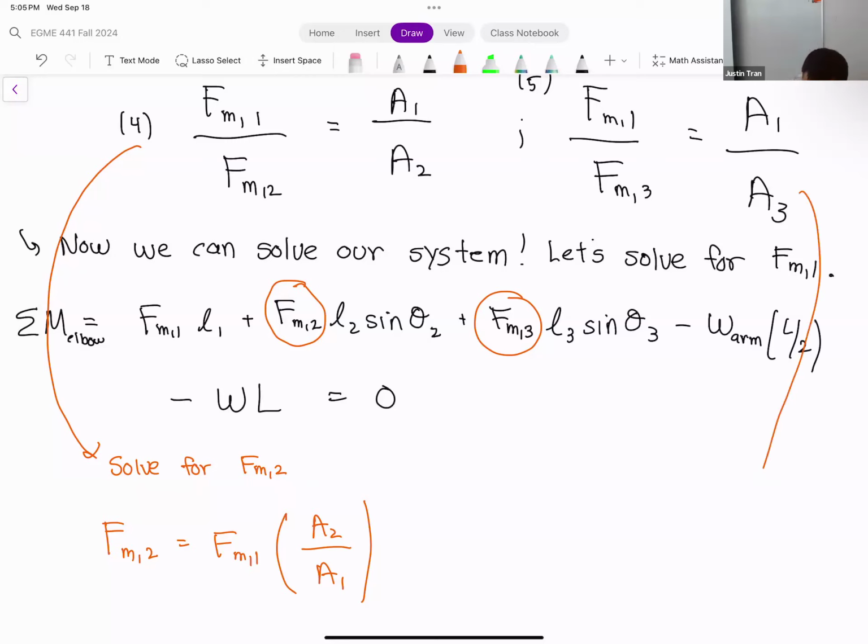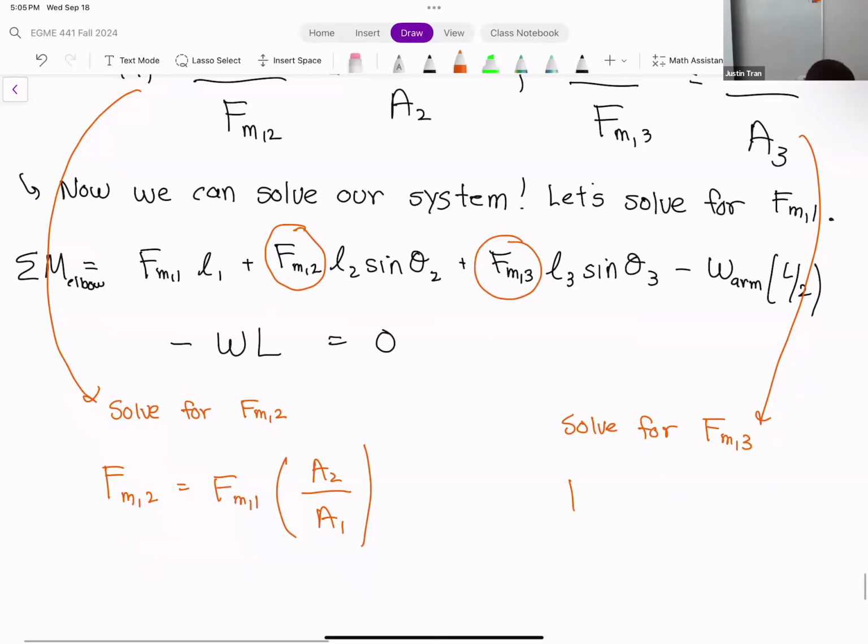And then we can solve equation 5 for FM3. We have FM3 is equal to FM1 times A3 over A1.